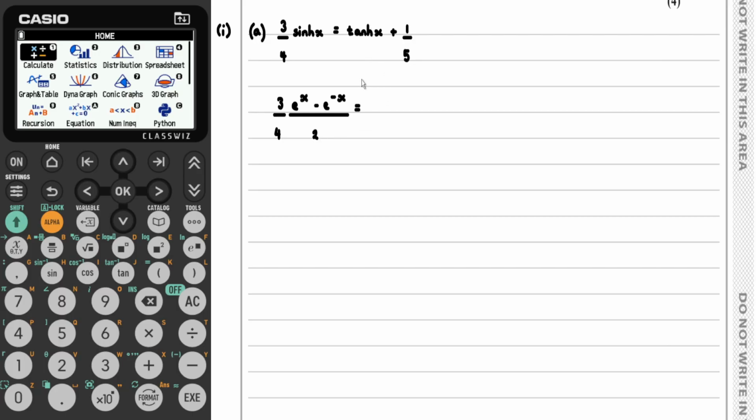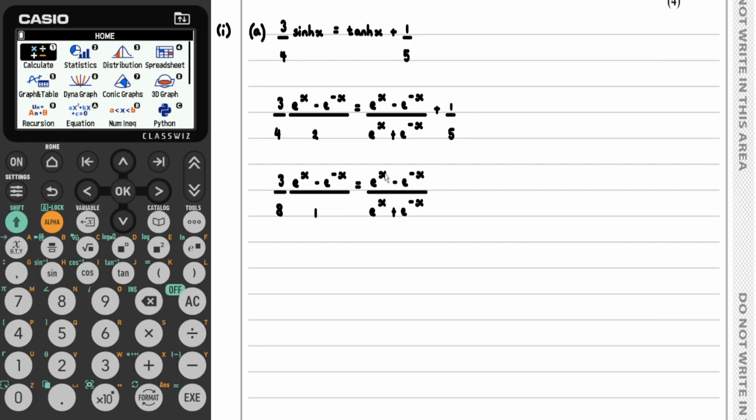On the right hand side we have hyperbolic tan x, which we can rewrite as e to the x subtract e to the negative x over e to the x plus e to the negative x, plus 1/5. We have 3 over 4 times half, that's 3 over 8. So we have 3 over 8 times e to the x subtract e to the negative x over 1. And this is equal to e to the x subtract e to the negative x over e to the x plus e to the negative x plus 1/5.